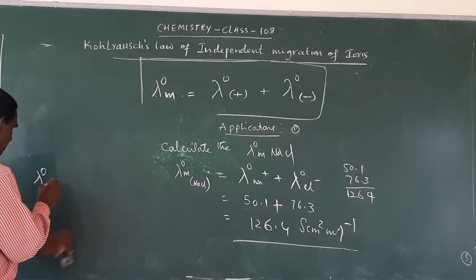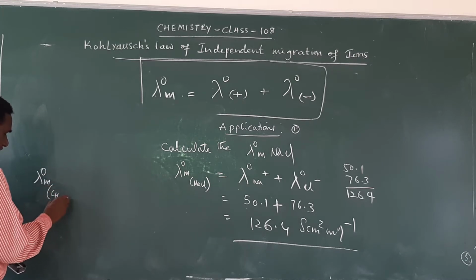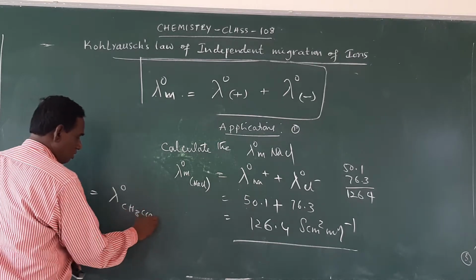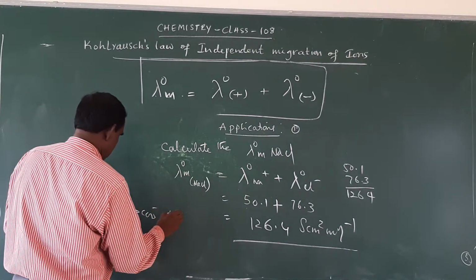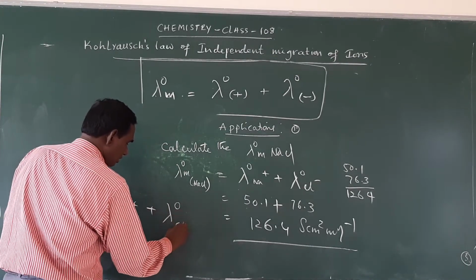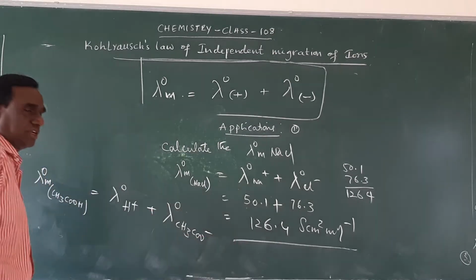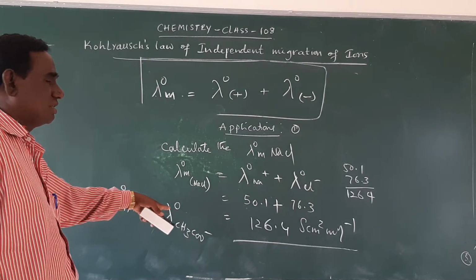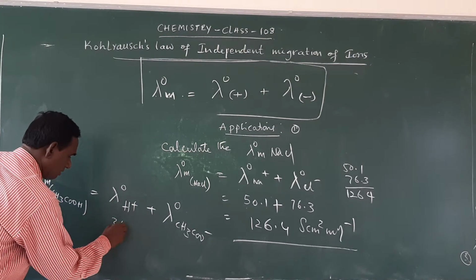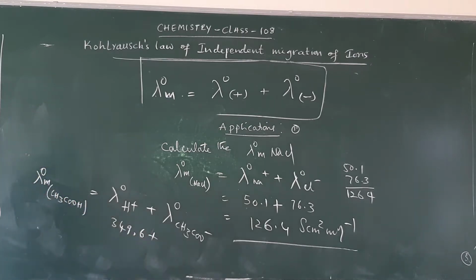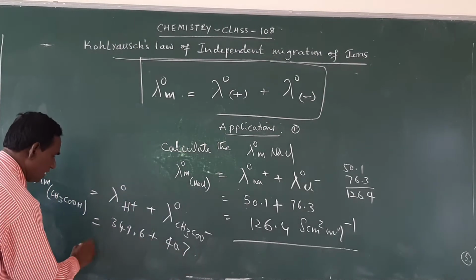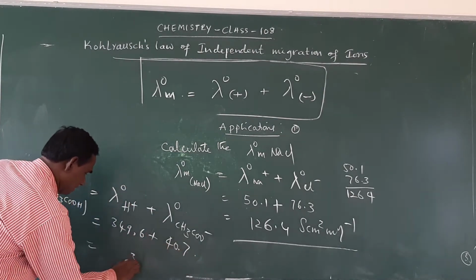Lambda naught m of CH3COOH is equal to lambda naught of H plus plus lambda naught of CH3COO minus. If you add the H plus value and the CH3COO minus value, you will get the result. Generally the H plus value is 349.6, and that of the acetate ion is 40.7.